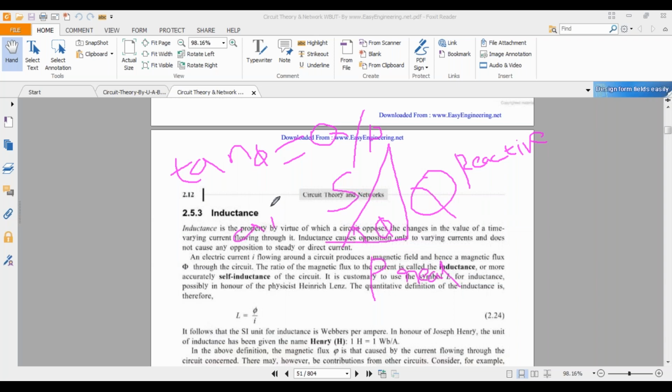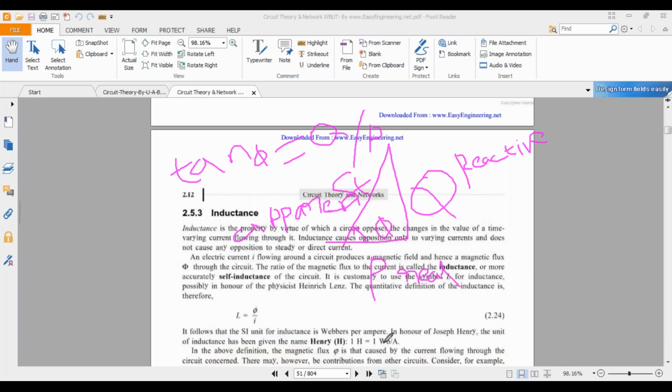This triangle is called the power triangle. This is also important from the examination point of view, I am telling. An apparent power it is.